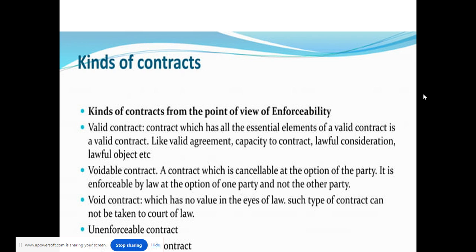Basically, a void contract is a valid contract until the contradictory situation occurs, whereas a voidable contract is a valid contract, and illegal contracts are actually void contracts with broader scope.